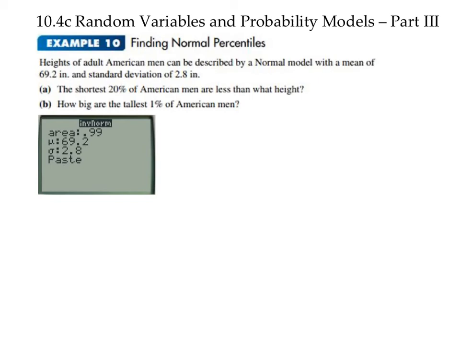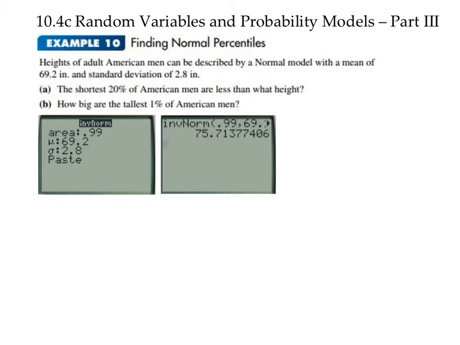And when I hit paste, from the screen you can see that the tallest 1% of American men are greater than 75.7137 inches. Now, 72 inches is 6 foot, so they're just a little bit below 6'4", 6 foot 3.7 inches in height.